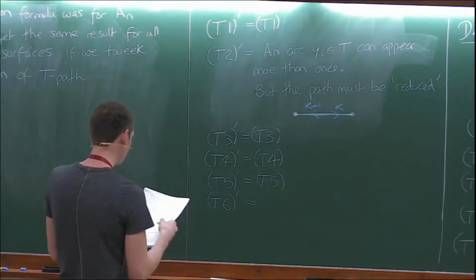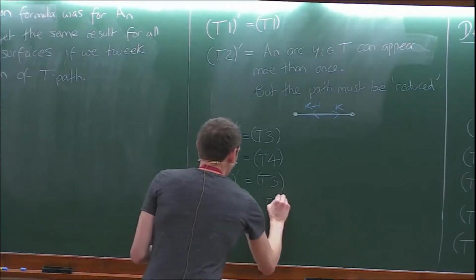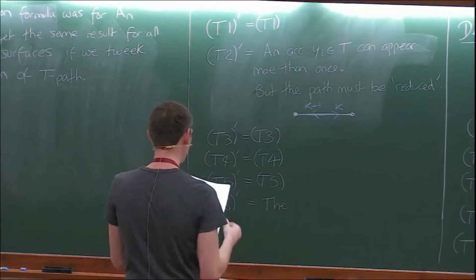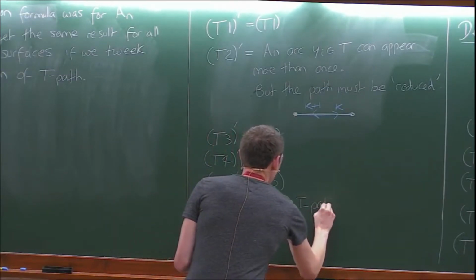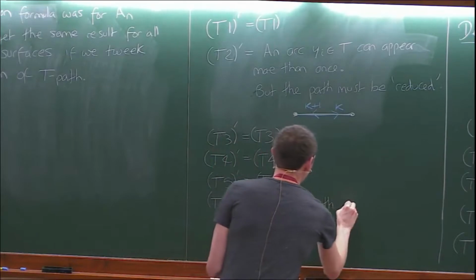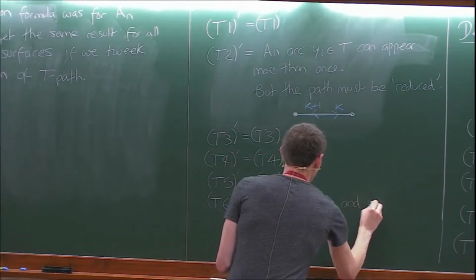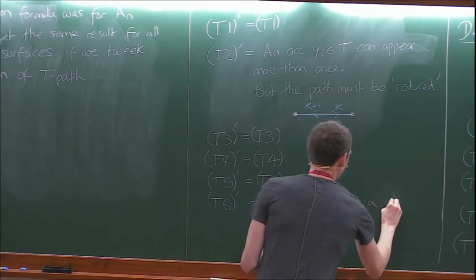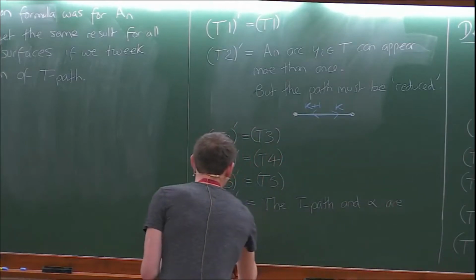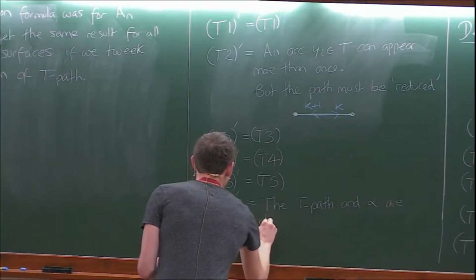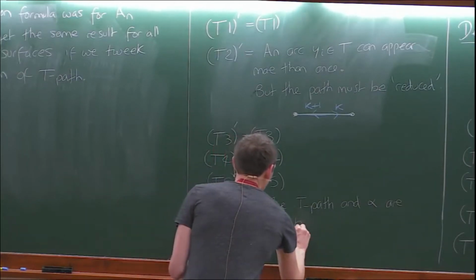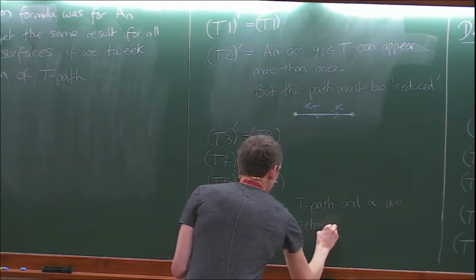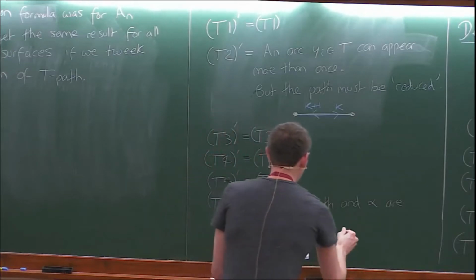Okay. So, said in a more precise way, the t-path and alpha are homotopic between any intersection points.